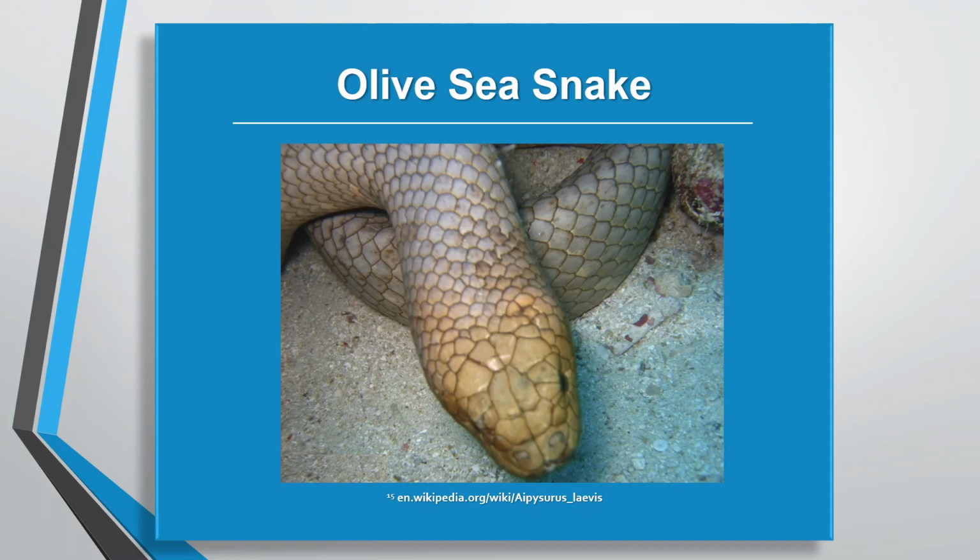All these essential adaptations of the olive sea snake and the new genetic information required to encode all these adaptations must exist simultaneously for them to survive. As with the woodpecker, this is yet another example of irreducible complexity. The gradual accumulation of mutations through evolution cannot account for the existence of the olive sea snake.